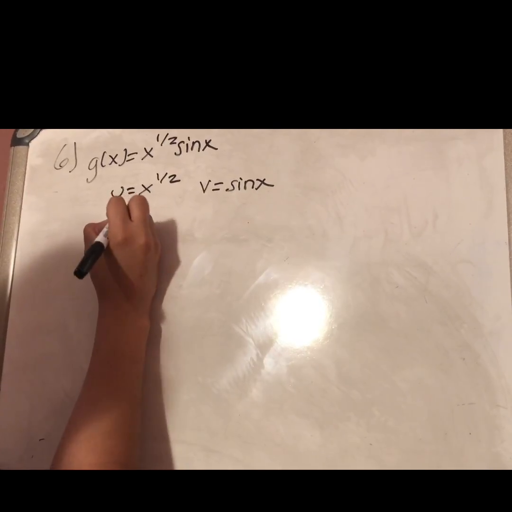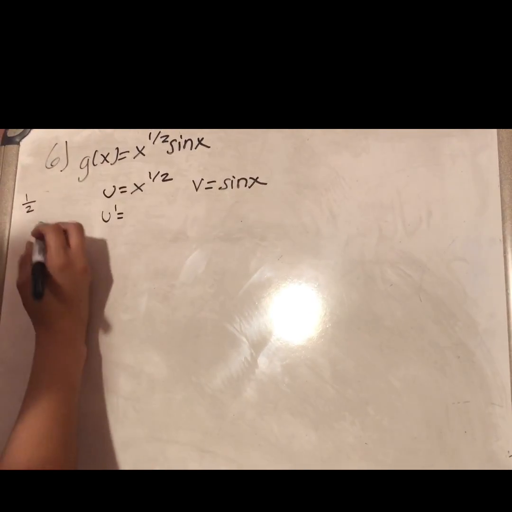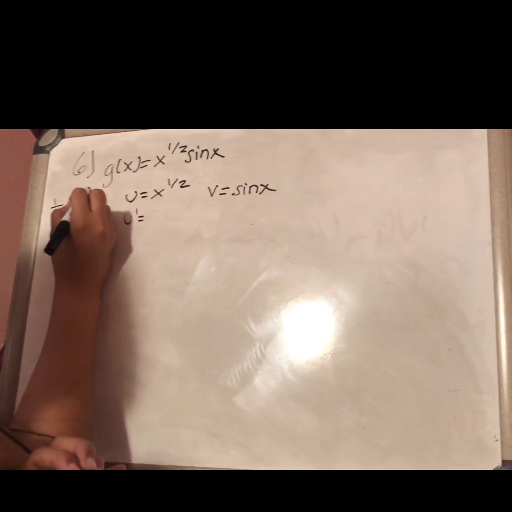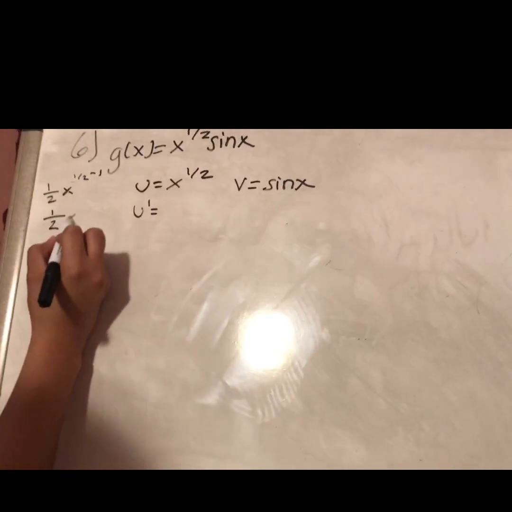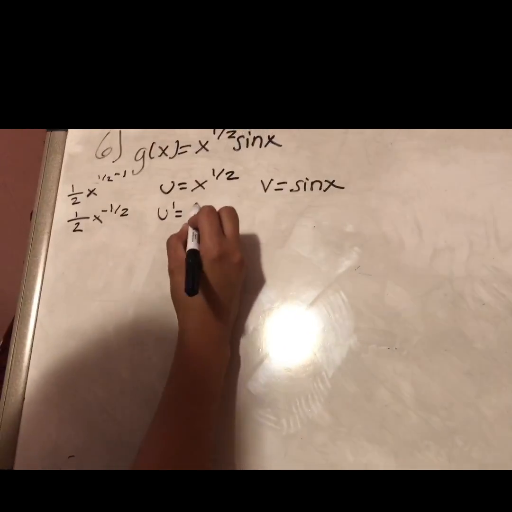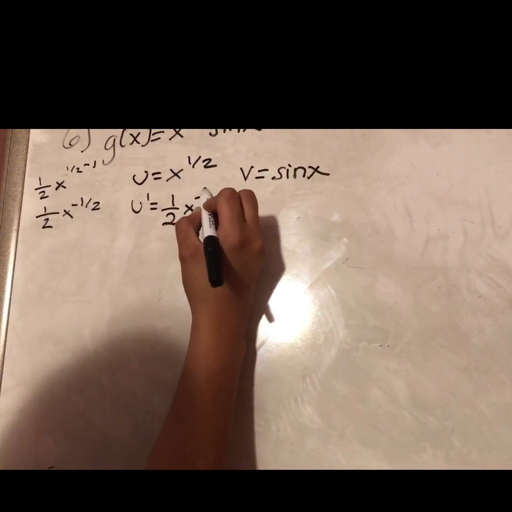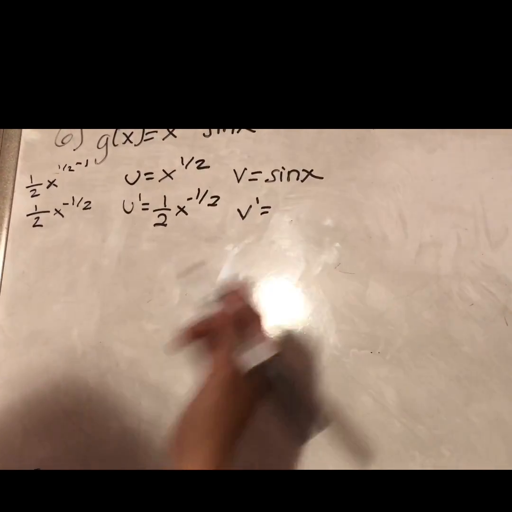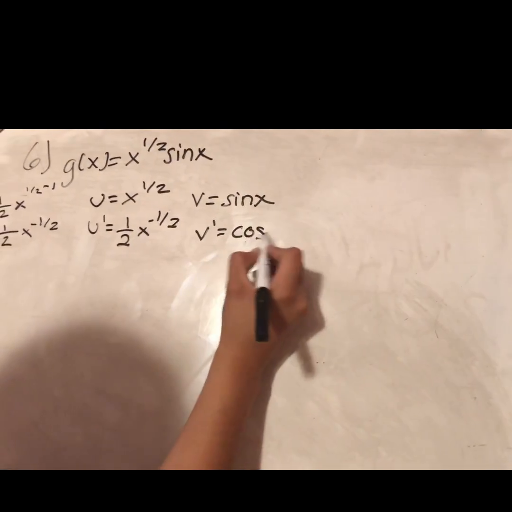For u prime, you have to bring the 1/2 in the front, and then the exponent 1/2 you subtract by 1, and it would be 1/2 x to the negative 1/2. So our u prime would be 1/2 x to the power of negative 1/2, and our derivative for sine x is cosine x.